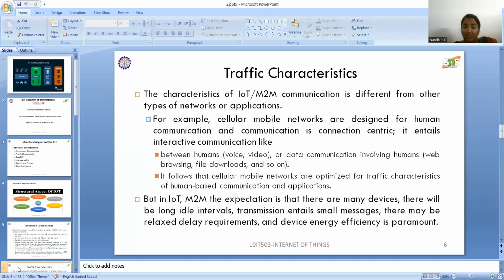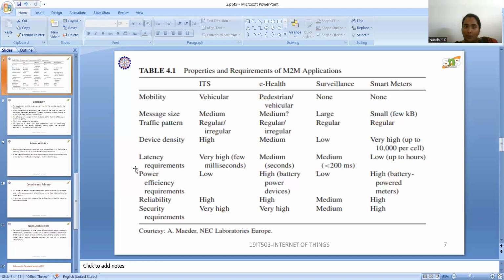Next point is in M2M, we are expecting many-to-many devices there. Long intervals of transactions and small messages. Requires device energy, which is effectively a parameter.